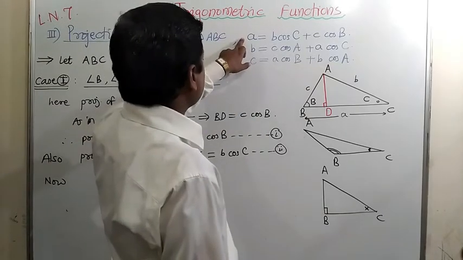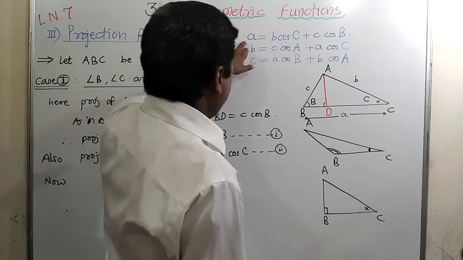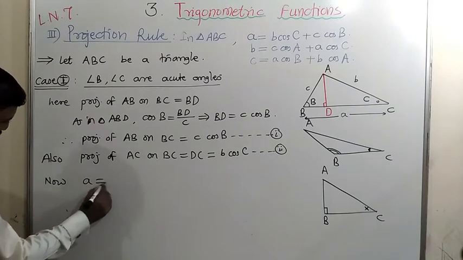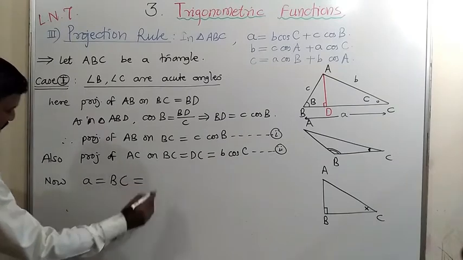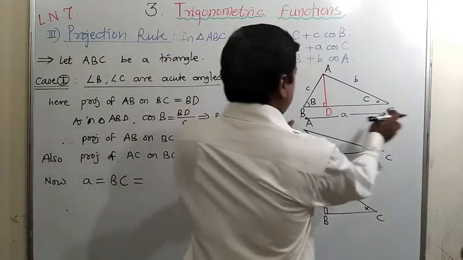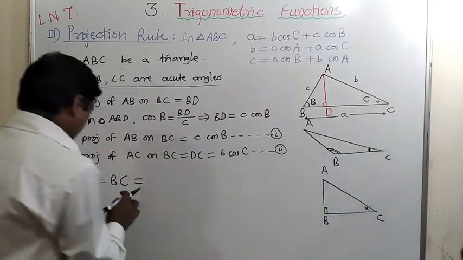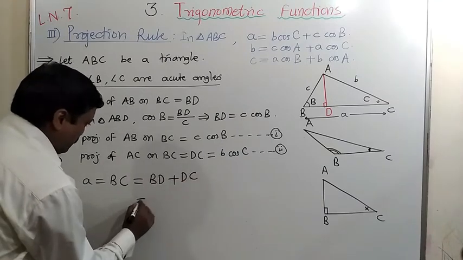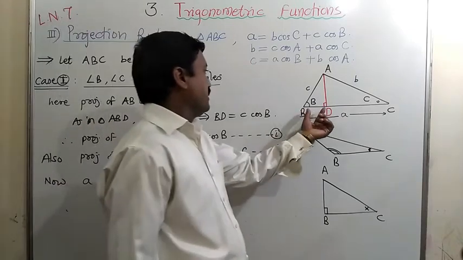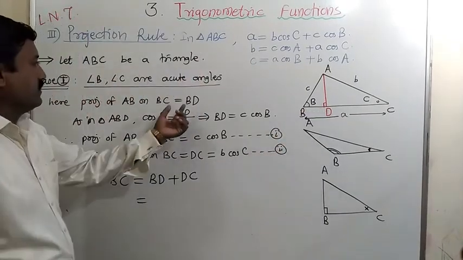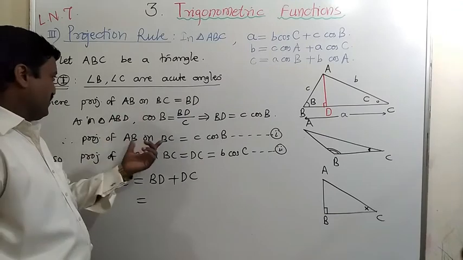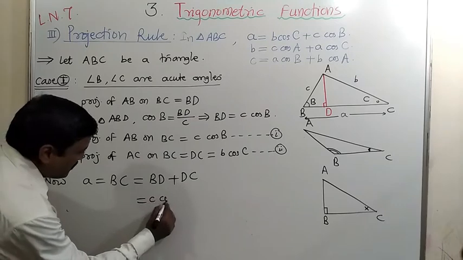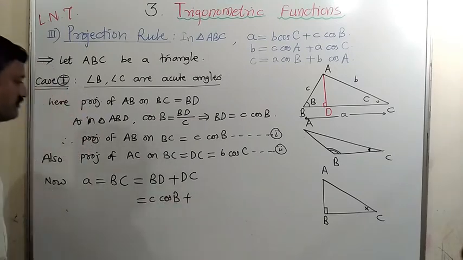Now what do we have to find? We have to find this result. So start with a. What is a? a is nothing but this BC. Now a is equal to BC, and this BC is nothing but BD plus DC. What is BD now? This BD is nothing but the projection of AB on BC, and that is c cos B. And what is DC?